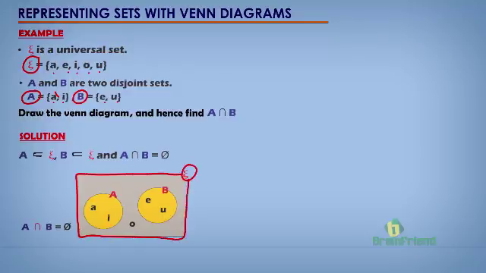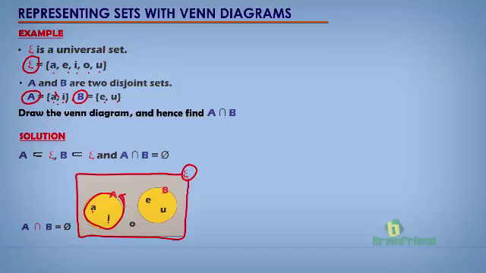Next, we'll draw our member set A. We said every member set is a circle, so we draw our circle and write the elements of our set within our circle. We have A and I as the elements of set A, so we write A and I within the confines of our circle.